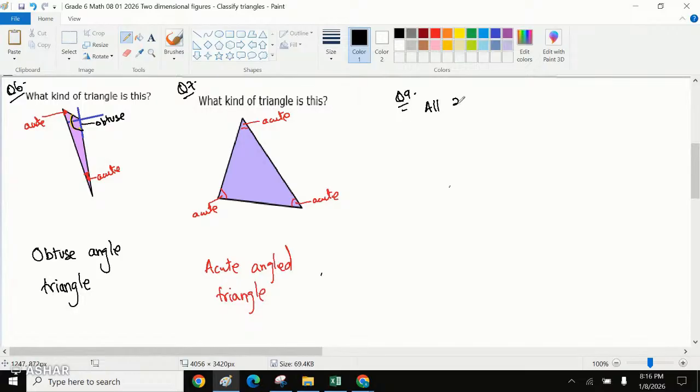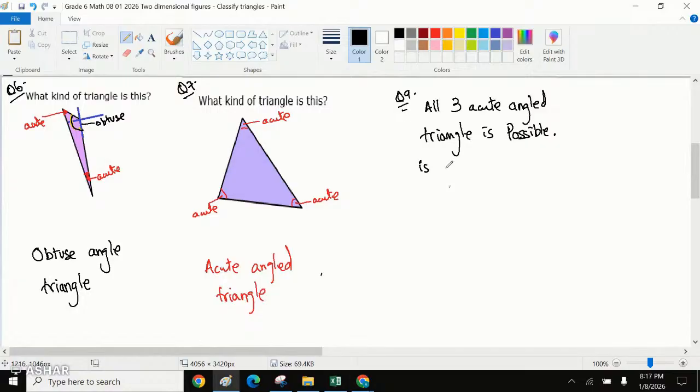All three acute angled triangle is possible, right? I'll give a statement. I'm giving a correct statement, right?